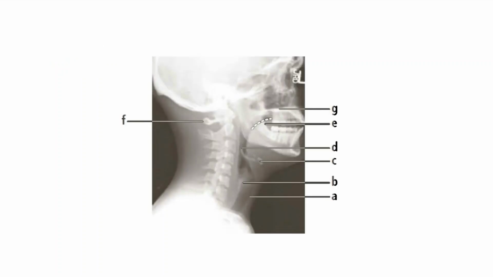First let us see radiological images of neck and thorax. Let us mark the structures here. This is a lateral x-ray of neck.